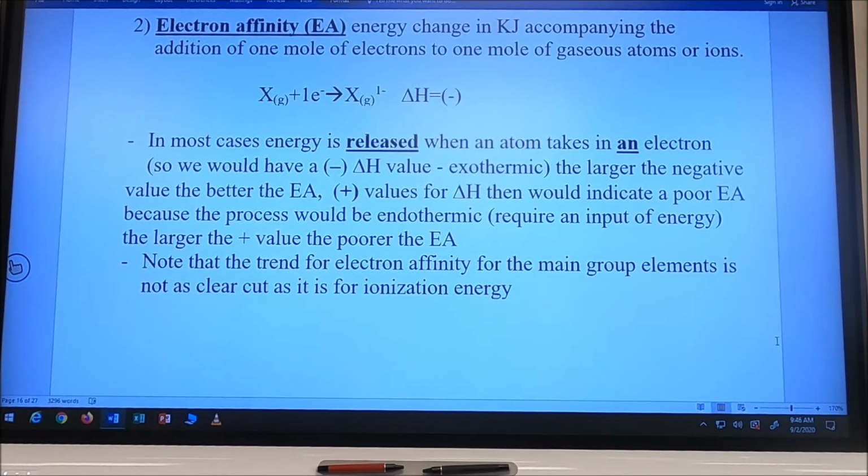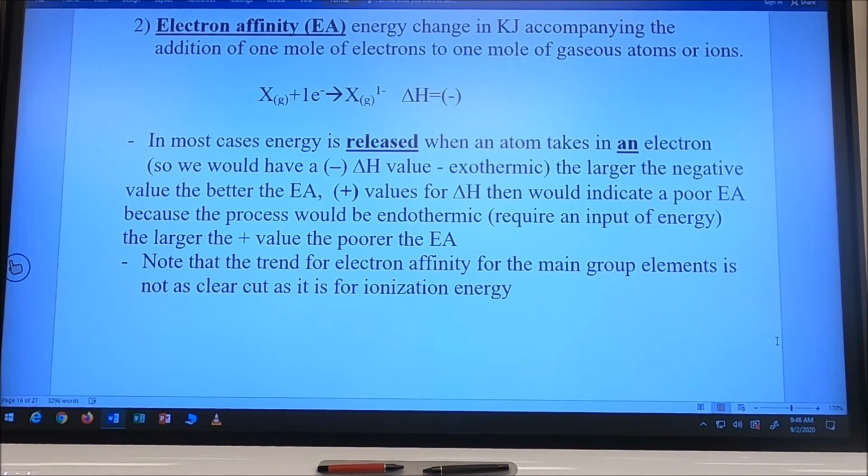A positive value for delta H would indicate a poor electron affinity because the process would be endothermic. You have to force the atom to take the electron. You've got to pump in energy to make it happen. The more positive the value becomes, the poorer the electron affinity.